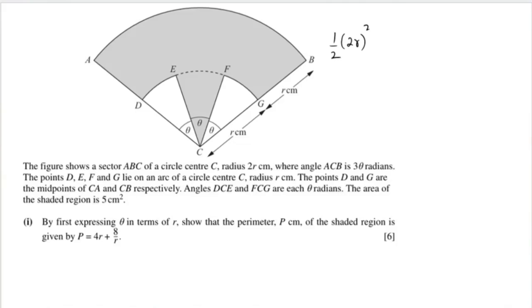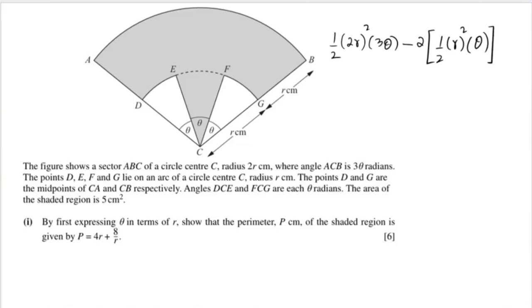And for the bigger sector, the angle is going to be 3 theta. So the idea I'm using here is half r squared theta, which is the radian formula for the area of the sector. Subtract double of the two unshaded sectors, half r squared theta, right?